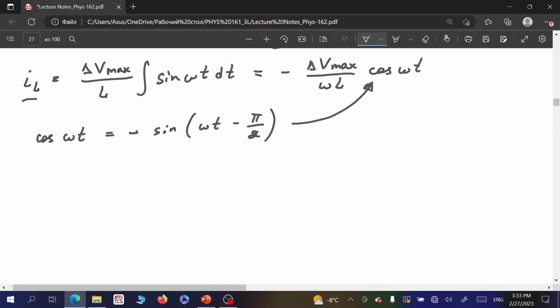So eventually we get that the current through the inductor will be equal to, minus and minus cancel out, delta V maximum over omega L times sine omega t minus pi over 2.